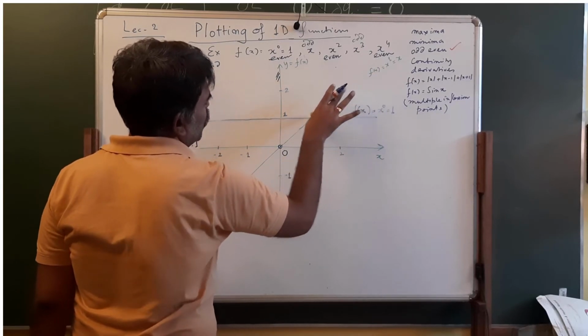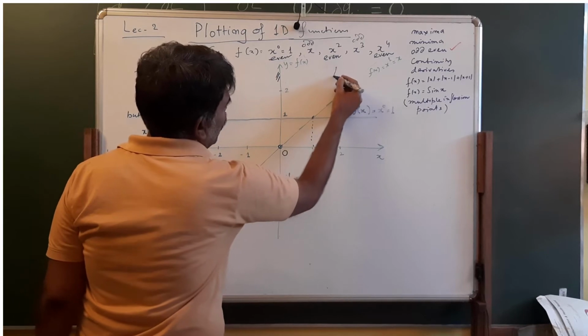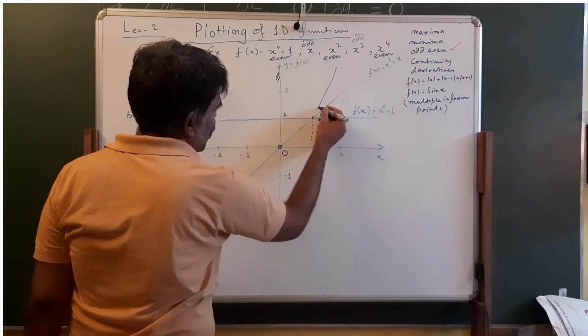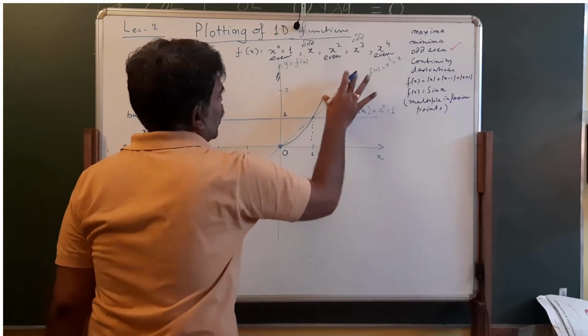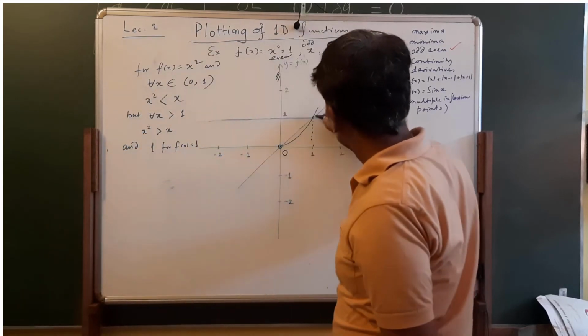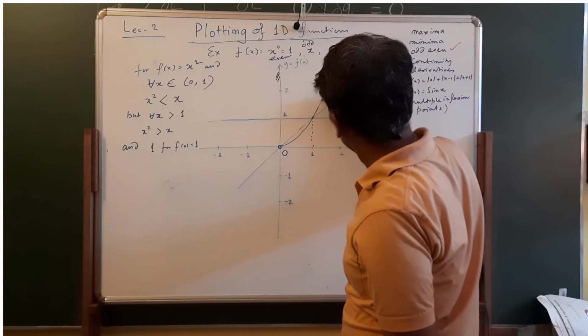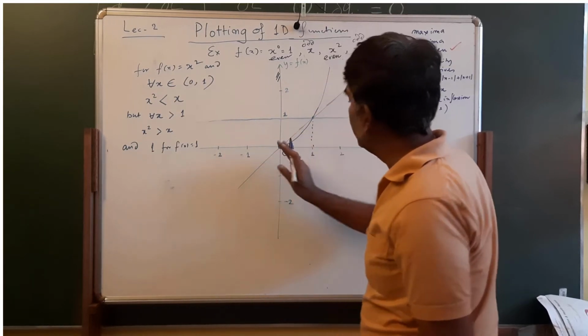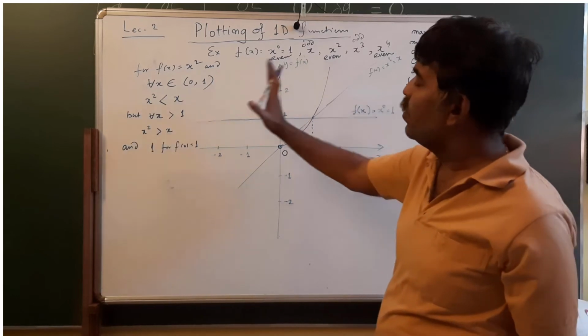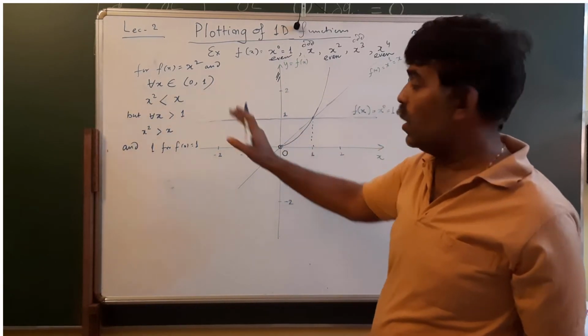So let me plot it. I'm just plotting the nature. If I plot one side, this is reflected on the other side by the y-axis.